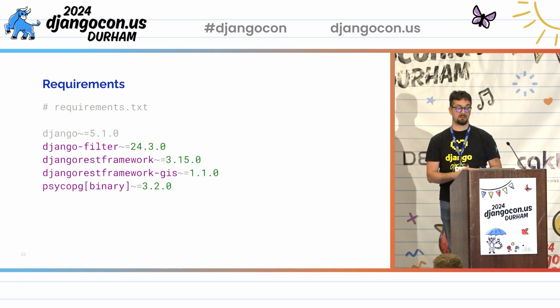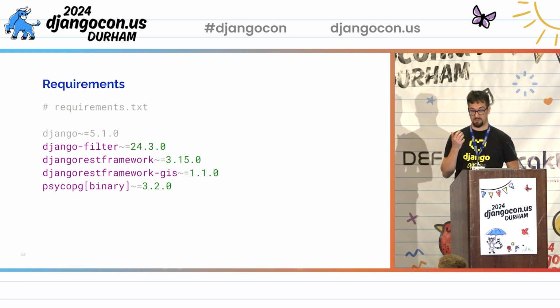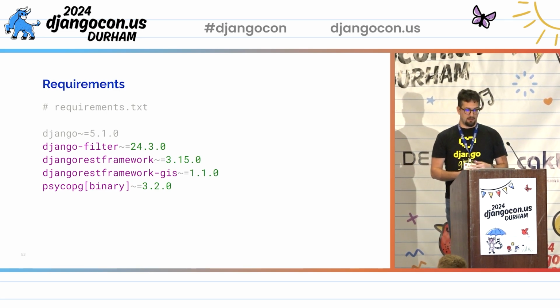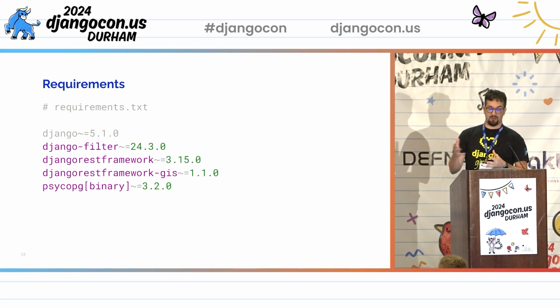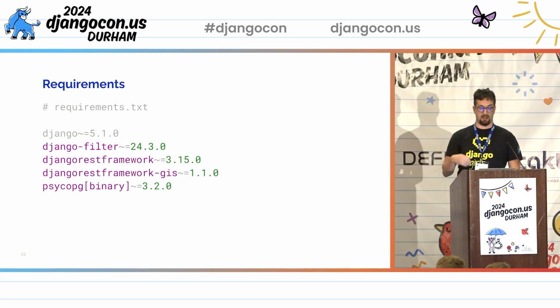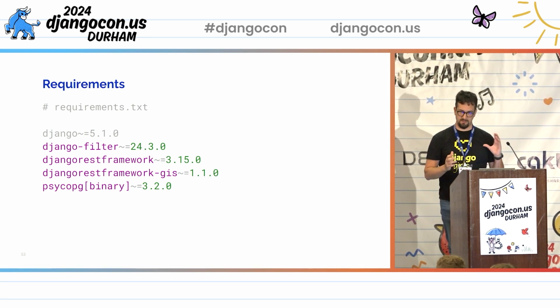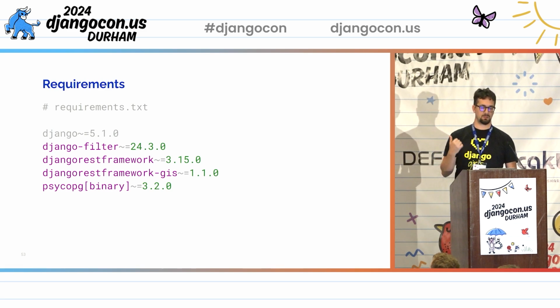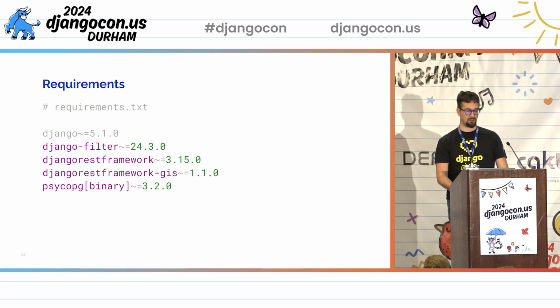To use PostGIS, we need Postgres and so Psycopg. But the requirements of our project are increasing, so I created now a requirements file with a list of packages. In addition to Django and Psycopg, we are going to use also Django filter, Django REST framework, and its geographic add-on.